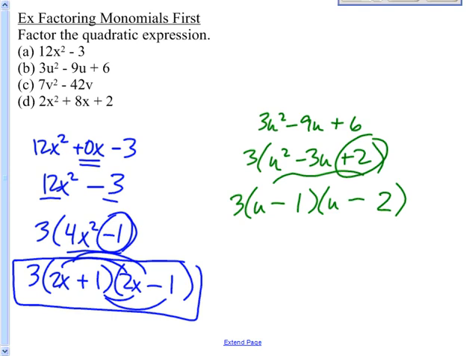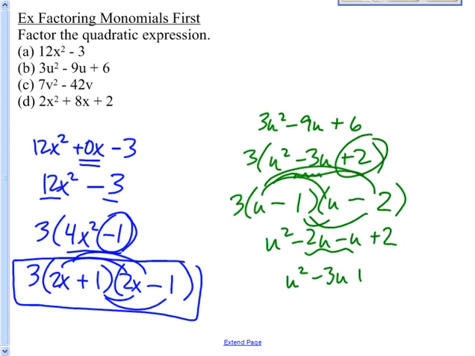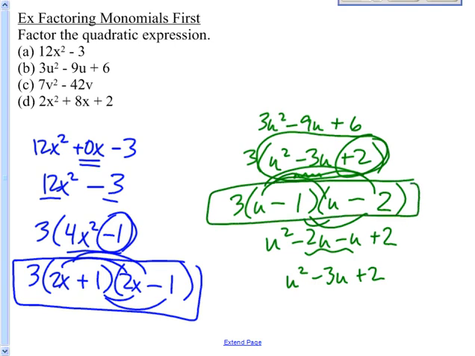I say, well, let me try a negative times a negative. That's my hunch because of that inner term there. So I go u squared minus 2u minus 1u. Negative 1 times negative 1, positive 2. Combine those. U squared minus 3u plus 2. Is that what I was factoring? Yes, that was what I was factoring right here. So that is the correct factorization.